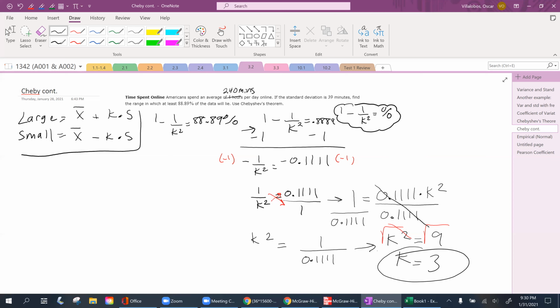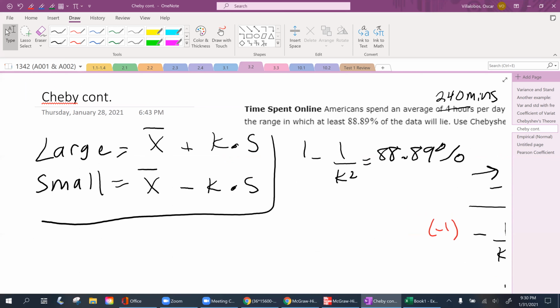So to find my large value, the large value is going to be the mean added to the multiplication of k times s, with s being my standard deviation. And to find my lower value, it's going to be pretty similar. It's just going to be the mean minus k multiplied by the standard deviation.